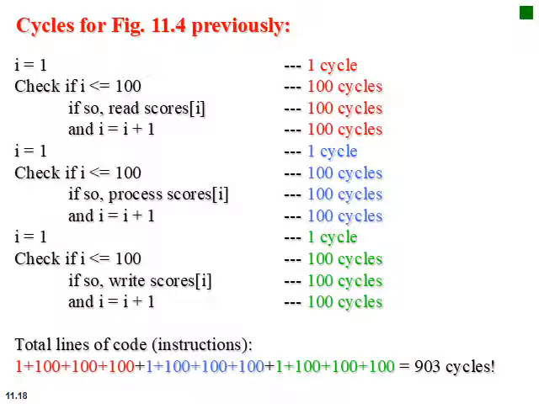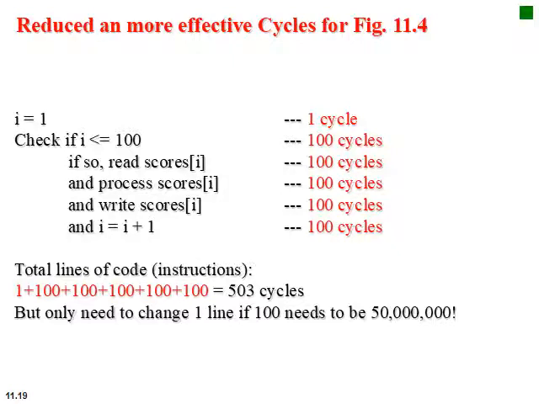Recalling 11.4, this is how we did it initially, by having 1, 2, 3 checks here. And we saw that in the end we had to use 903 cycles for this. We can make this more efficient by reducing the code as follows.